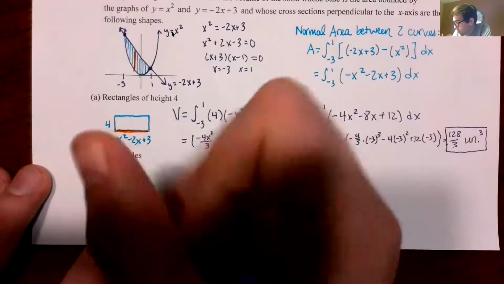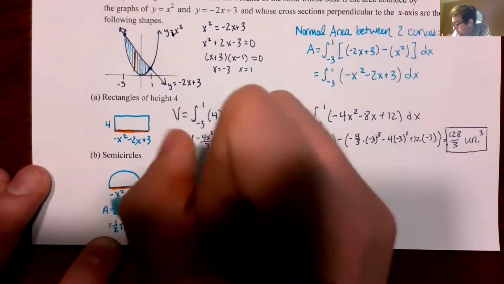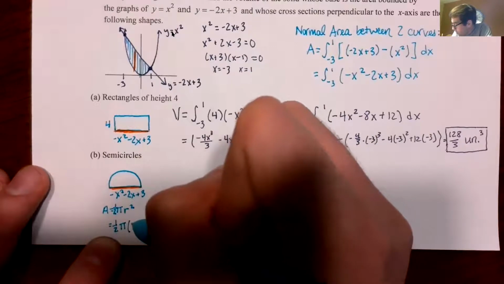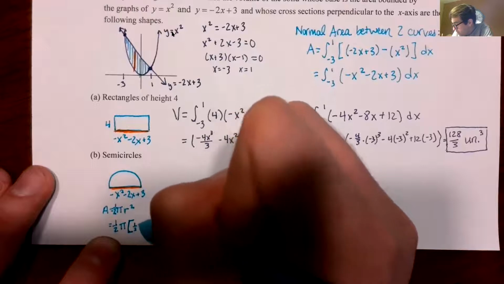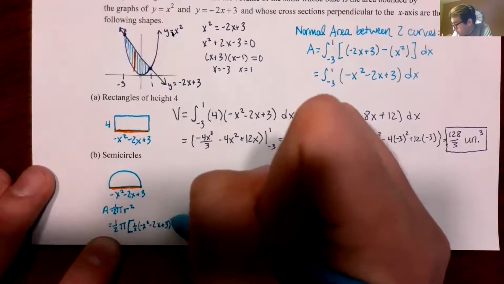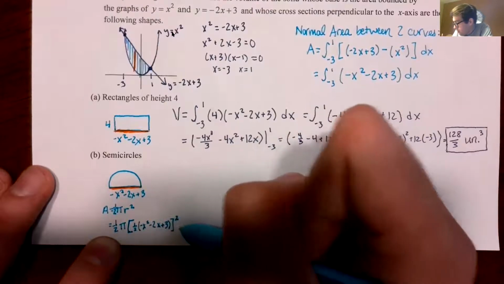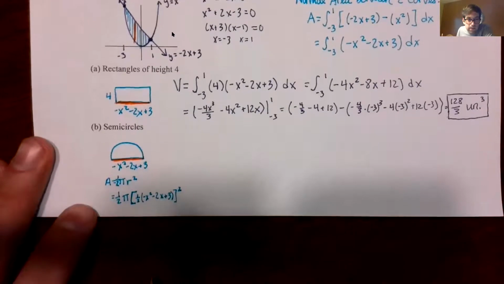That's the diameter. So we actually have 1/2 pi times that whole thing divided by 2. So I could put it in brackets, 1/2 times -x squared minus 2x plus 3, squared. It's important that the 1/2 is in with this expression before we square, because all of that is building the radius.